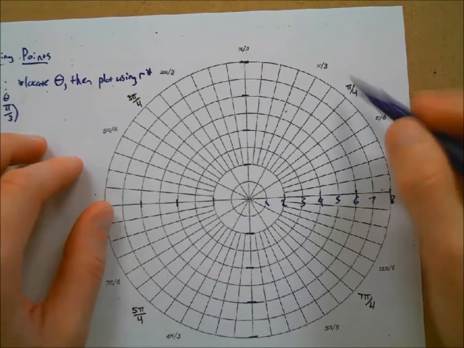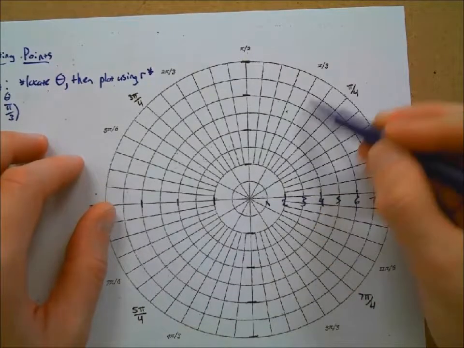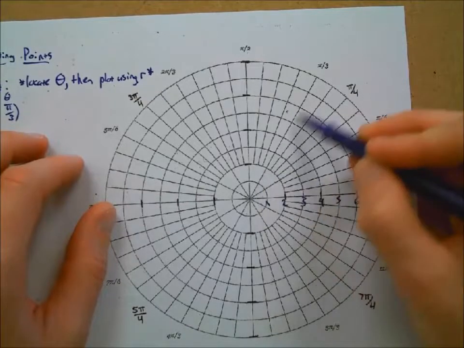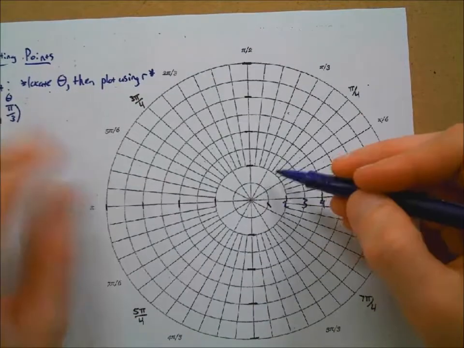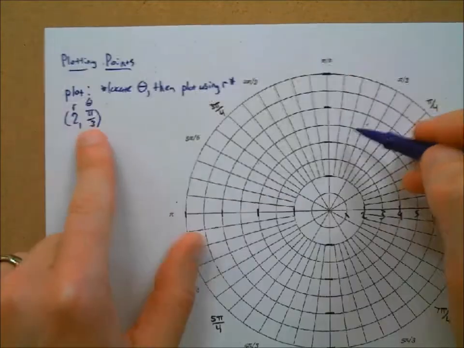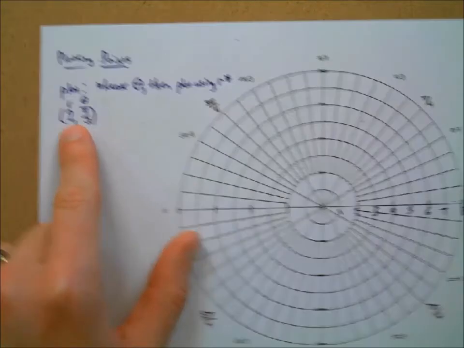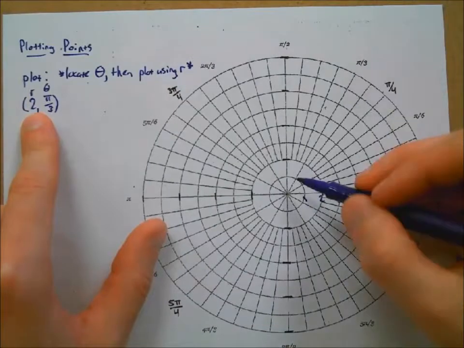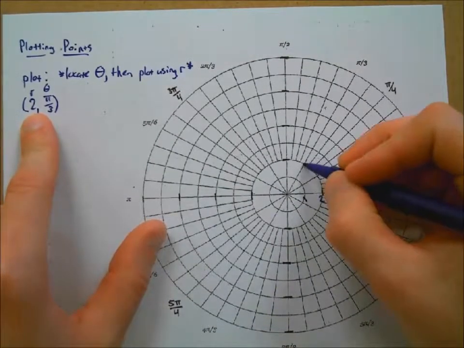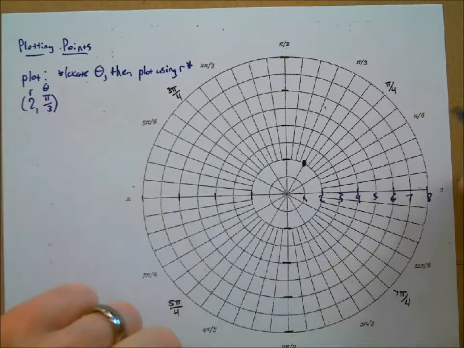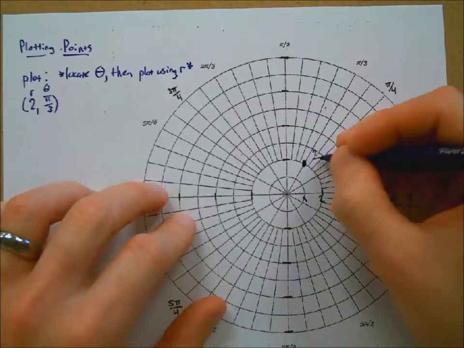Any point along this ray from the pole out is an angle of pi over 3 away from that polar axis. And we want to go 2 in the direction of pi over 3. So we'll count 2 in that direction. There's 1 ring, 2 rings. And so there's our point, 2, comma, pi over 3.